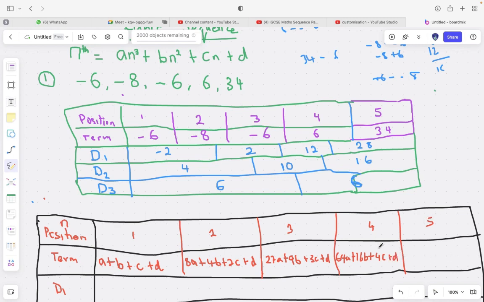Then here n is 5. 5 to the power of 3, that's 5 times 5 times 5, that's 125.